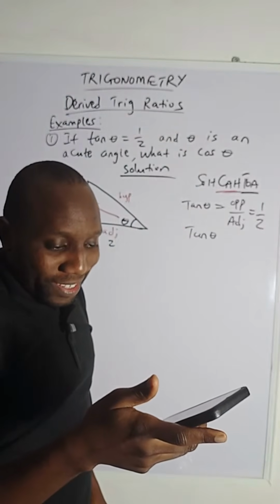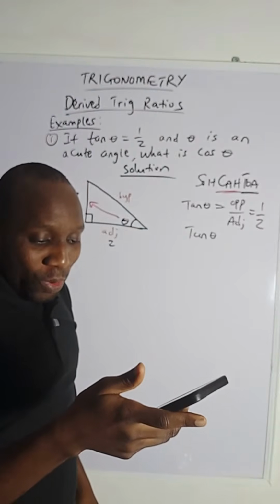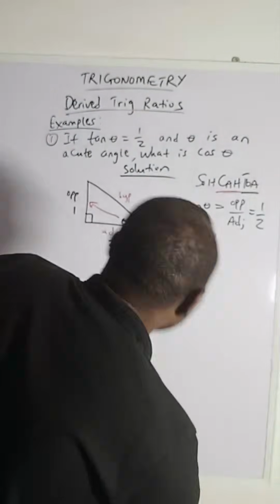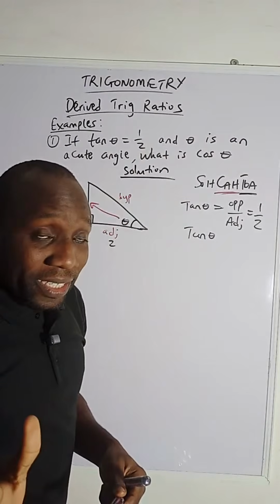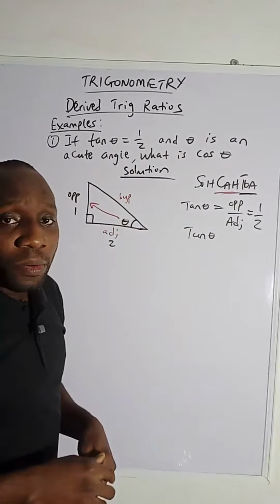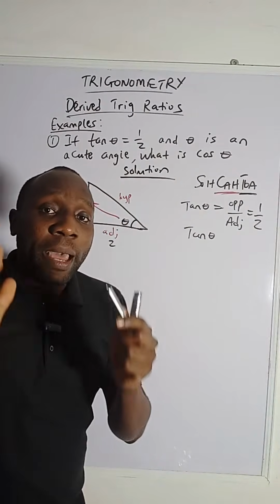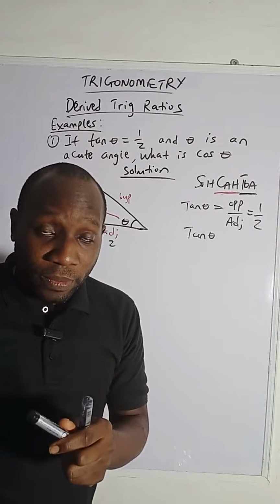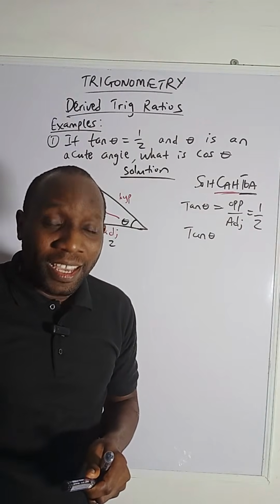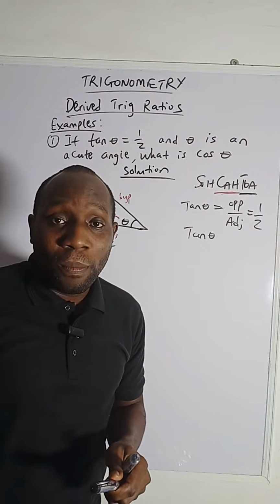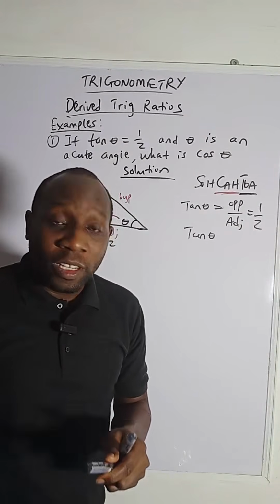Somebody has already gotten the answer, 2 over root 5. I'm sure these people were around in the last lesson. The hypotenuse is the longest side of a right angle triangle. And we're going to be using Pythagoras theorem, which says that the square of the longest side is equal to the sum of the squares of the other two sides.